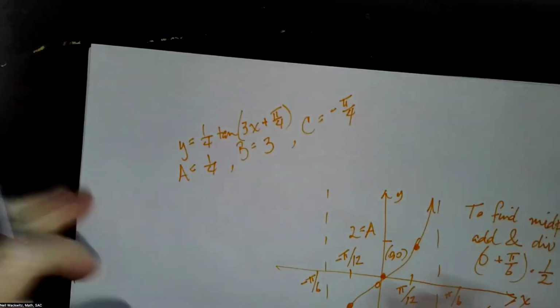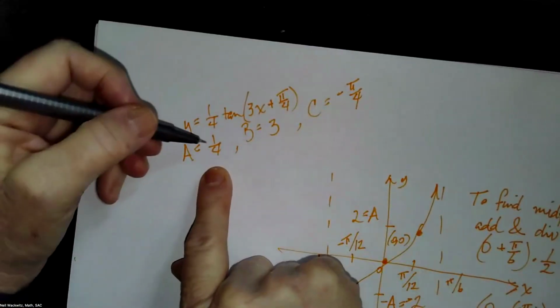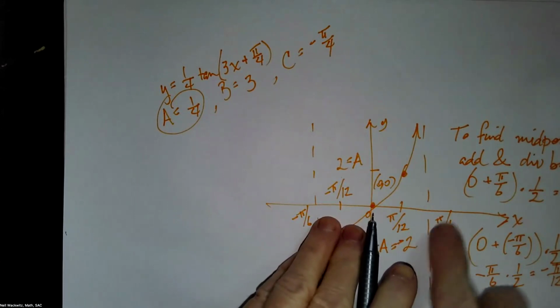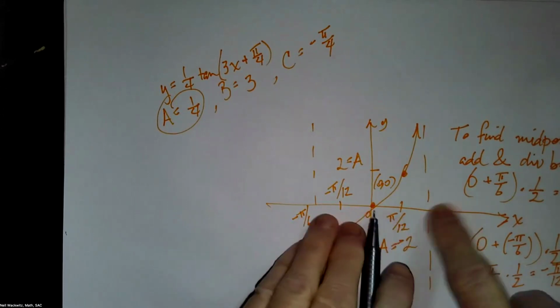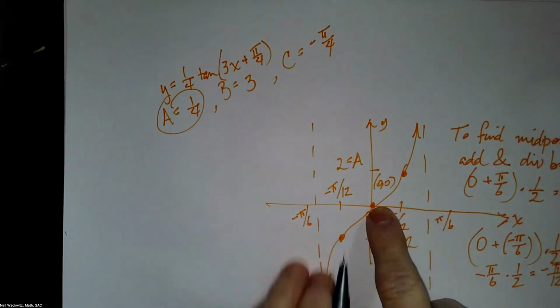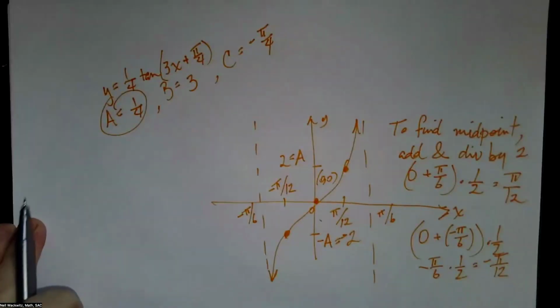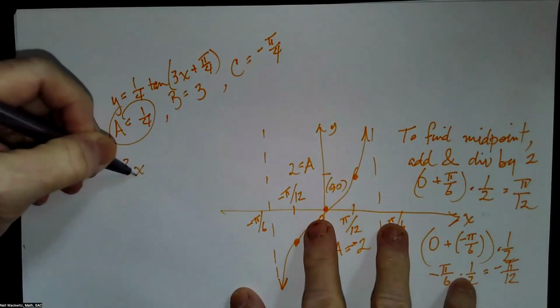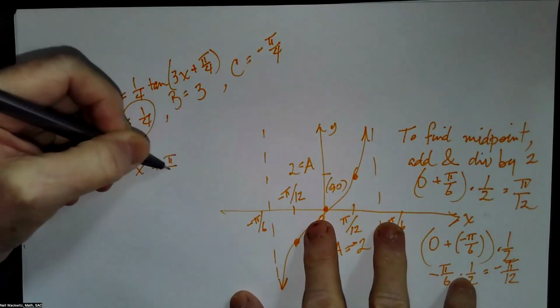So good. So we know that this A is going to give us the y value when we're between the intercept and the vertical asymptote. So we can ignore it for now. And let's just look at 3x plus pi over 4.